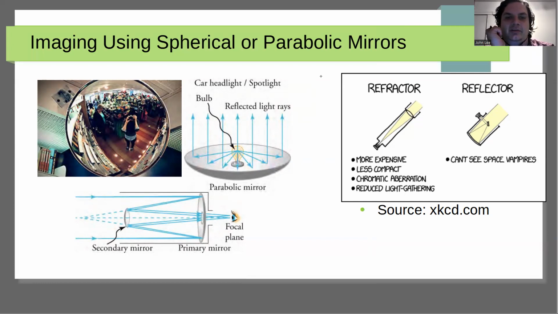It doesn't allow you to gather as much light because not as much of the telescope is being used to gather light, as we can see in the difference between the refractor and the reflector in this drawing.